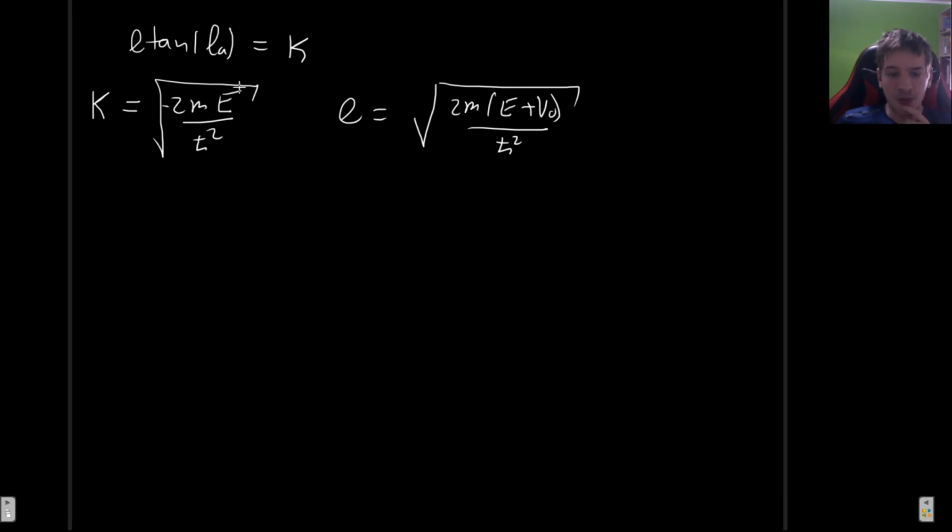So we can see that both of these depend on the energy, which is something that we already knew. If we want to graph this, it would be logical to take our variable to be LA, right? Because that is what is inside of this tangent, and we're really not going to be able to change that in any meaningful way. We can't really add or multiply anything that's going to change it.